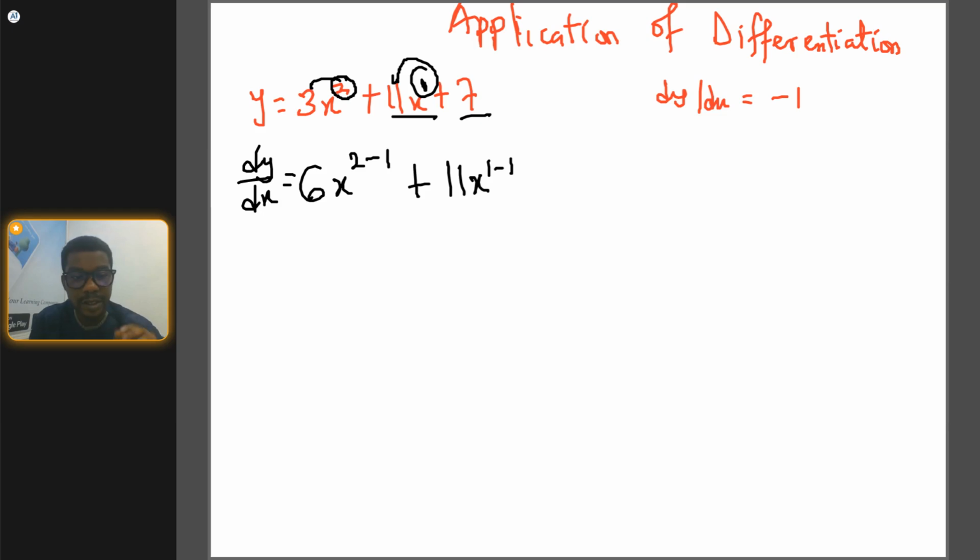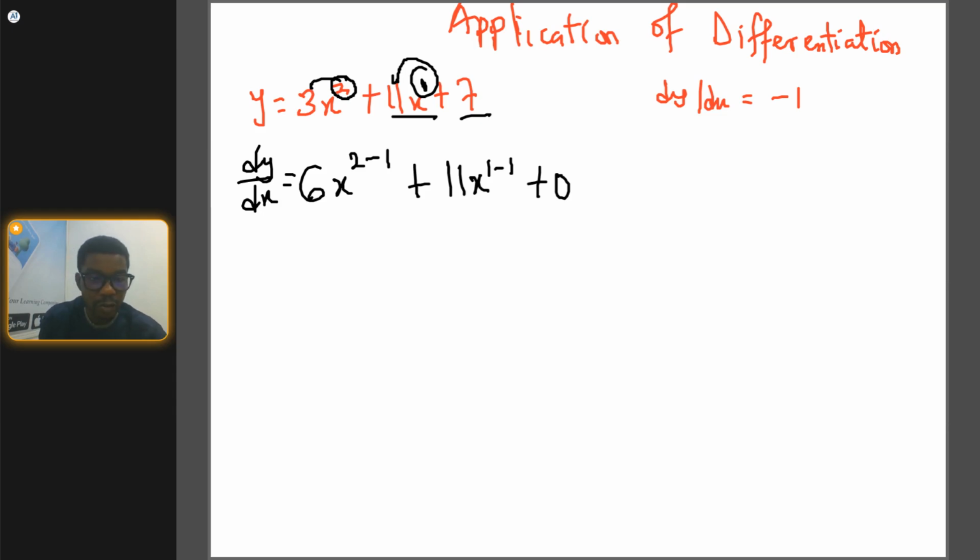A constant is a number that does not have a letter attached to it. 7 does not have x, so it's called a constant. So if we differentiate 7, we are going to have 0.